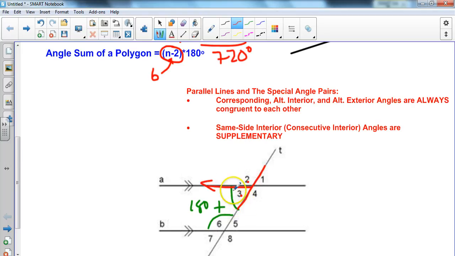And since the measure of 3 and the measure of 2 are a linear pair, they have to add up to 180. 6 and 2 are corresponding angles, so they have to have the same measure as well. So if 6 and 2 have the same measure, and 3 and 2 add up to 180 because they're a linear pair, then wouldn't 6 and 3 also add up to 180 because, again, 6 and 2 are the same? So that's a quick argument of why same-side interior angles always add up to 180 degrees. So use that fact. Okay?